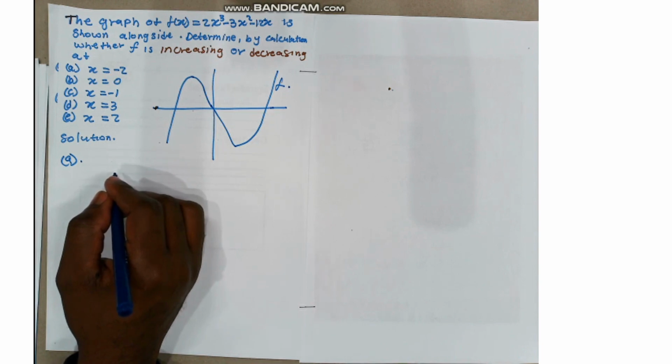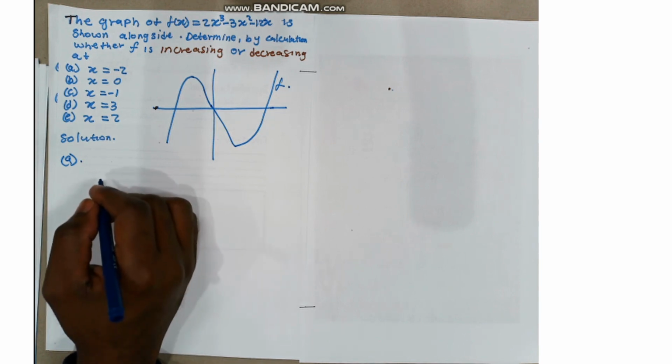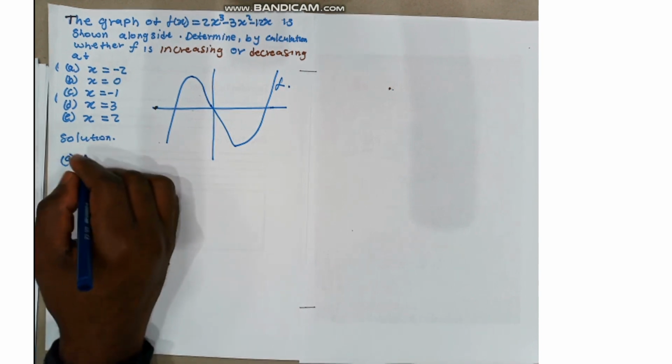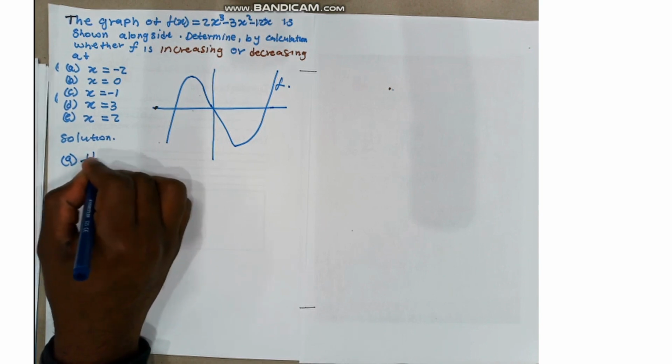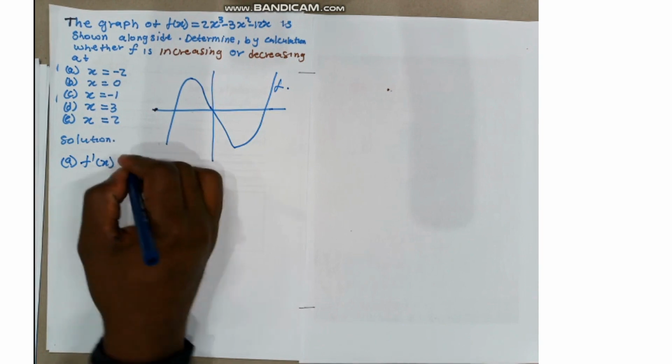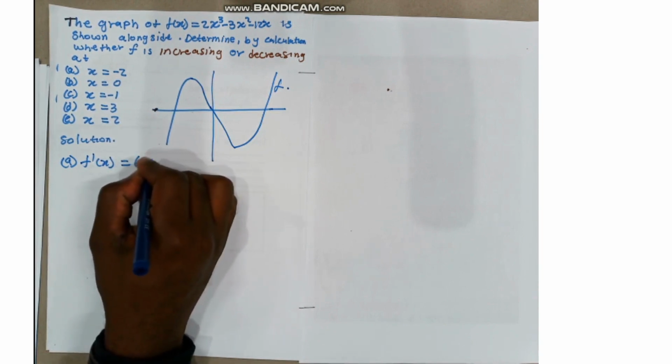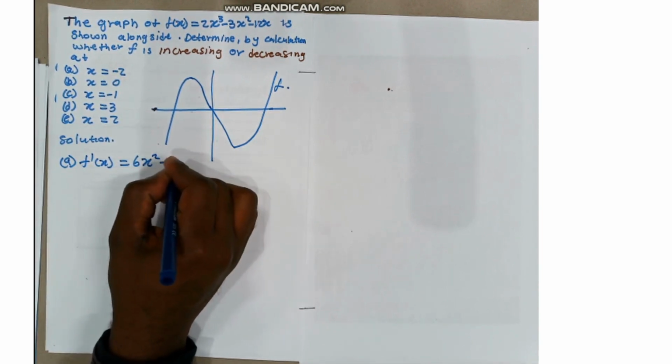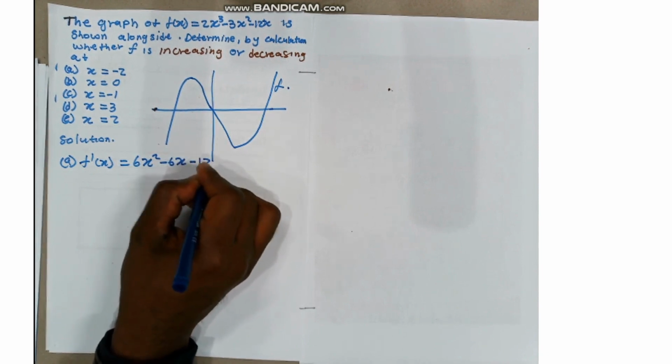How do we determine whether a graph is increasing or decreasing? First, by doing the derivative. We derive first, and then we see where the graph increases or decreases. Taking the derivative of our function gives 6x squared minus 6x minus 12.